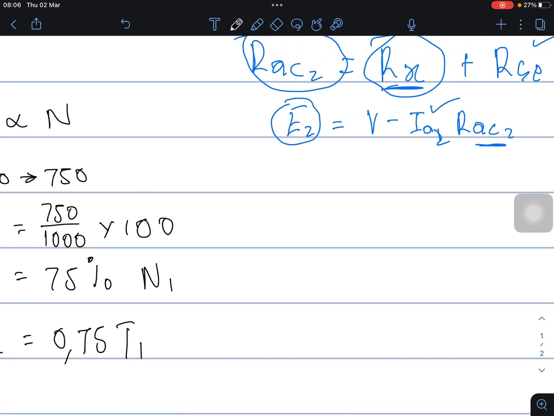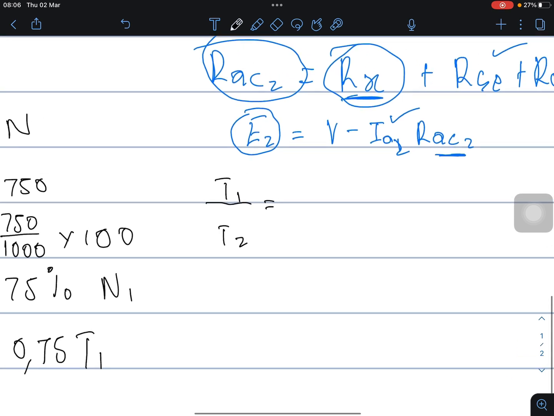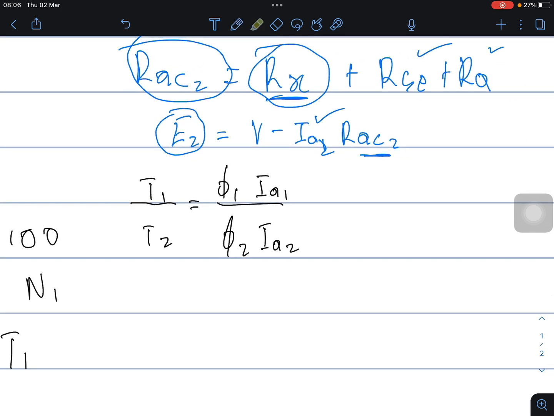Remember, the torque formula: T1 over T2 is equals to flux 1 I armature 1, over flux 2 I armature 2. Here we said the field strength is proportional to the field current.